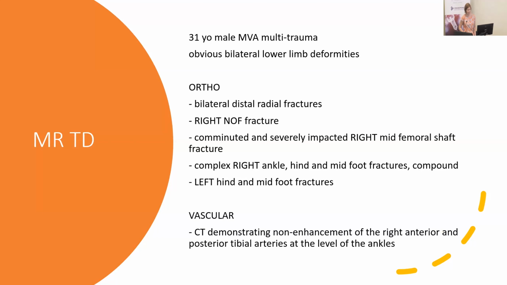Further complicating the situation, on CT he had areas of what seems like poor circulation below the level of the ankles. So quite significant injuries, damage to the skin and soft tissues, and also a decrease in blood flow to the feet.